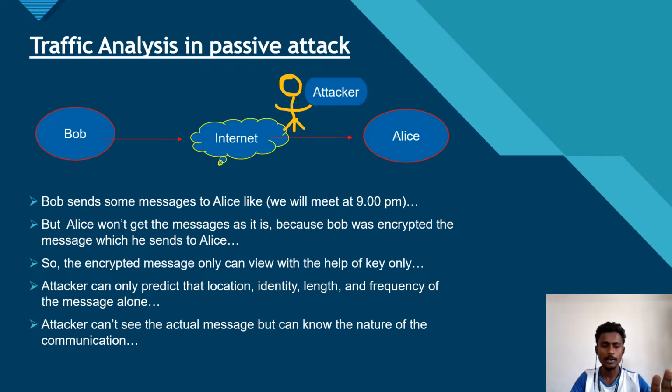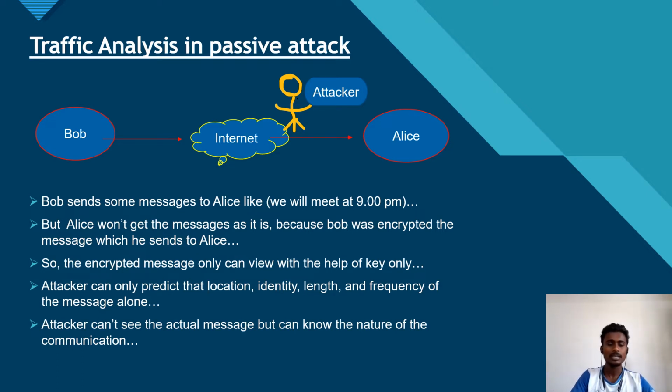Now, traffic analysis in passive attack. Just consider this scenario: as a sender Bob will be here, and as a receiver Alice will be here, and in between the sender and receiver there will be the internet, and the hacker or attacker will be there. Bob sends some message to Alice, like "we will meet at 9 p.m."